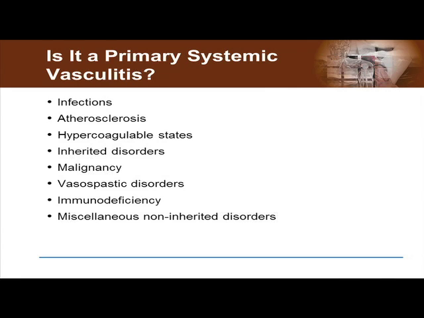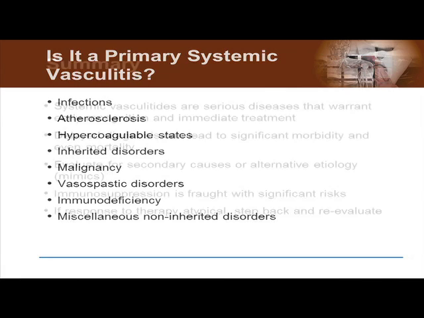And conditions that can be associated with mimics include infections, atherosclerosis, hypercoagulable disorders, inherited disorders like we saw, malignancy, especially even intravascular malignancies, vasospastic disorders as can be seen with reversible cerebral vasoconstriction syndromes as a differential of primary CNS vasculitis, immunodeficiency, and miscellaneous non-inherited disorders.